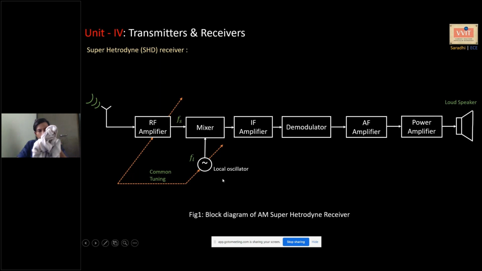Now 1050 is available here, and another value is available here. The mixer produces sum and difference frequencies, which I have already explained, and only one particular band, either the lower or the upper, is retained. That will be IF amplified. The intermediate frequency amplifier will strengthen those signals.